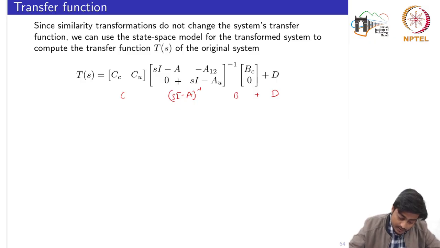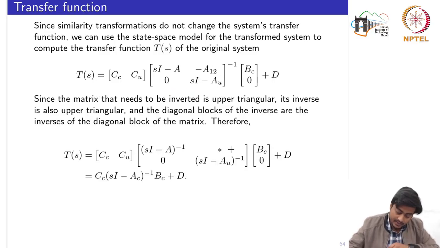Since it's an upper triangular matrix, the inverse of this matrix would involve the inverses of these diagonal elements, and this off-diagonal element needs to be computed, but it is of no use to us because the multiplication of this with this would be 0. So finally we would have C c (sI minus A c) inverse B c plus D, right?